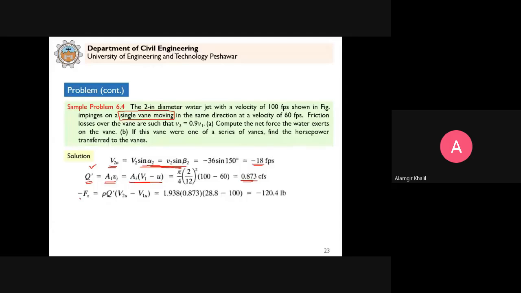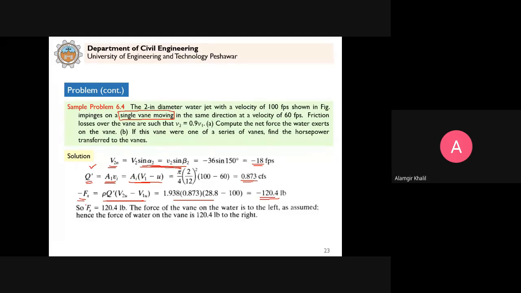So we consider minus fx equal to the rate of change of momentum in that direction. We already calculated these, and you get minus 120.4 pounds. So from here we get the value of fx equal to 120.4 pounds. I get a plus answer because this minus cancels out with this minus.